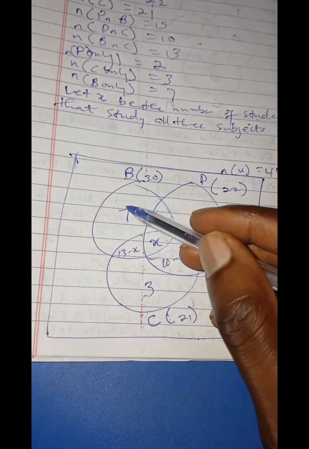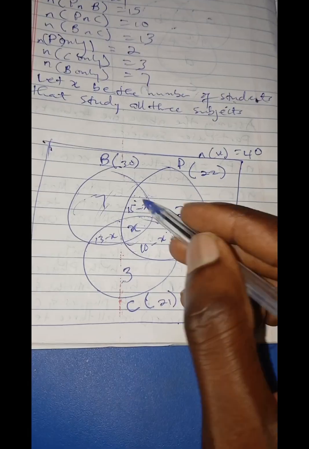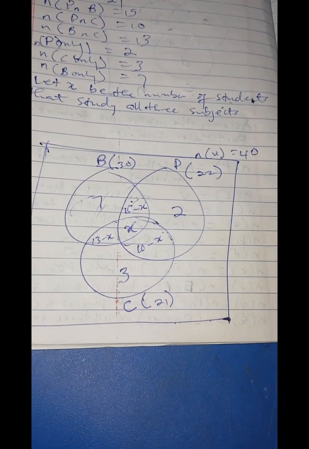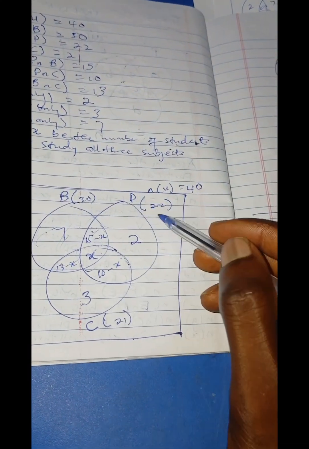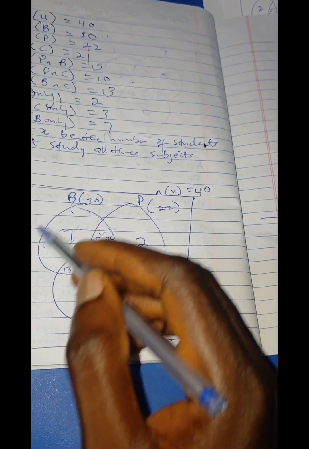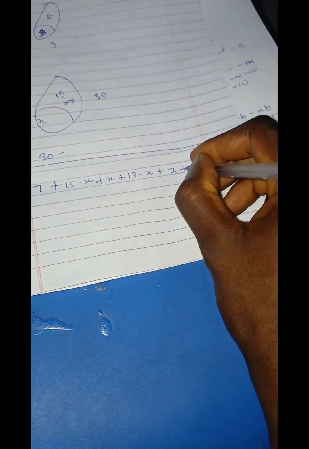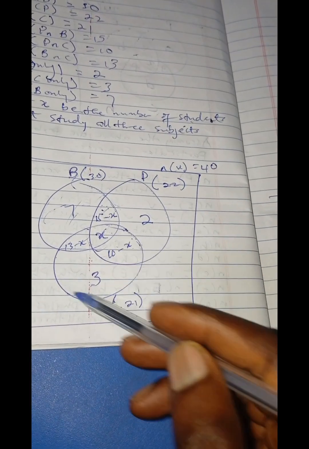So we have 7 plus, so we are done with this aspect, 15 minus x. We are also done with this aspect, plus x, done with this aspect, plus 13 minus x. So that we are done with this circle. Let's move on to the second circle. But we've used this aspect already, so we are left with this and this. So plus 2 plus 10 minus x. Now we've consumed everything within the second circle. Now let's move on to the third circle.